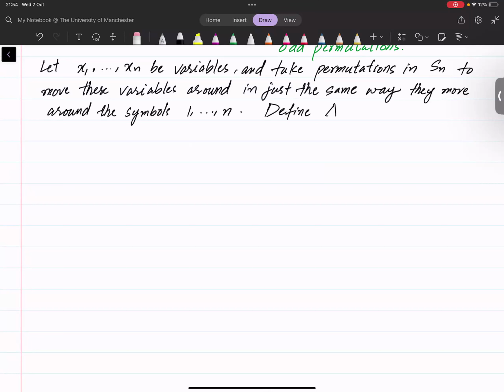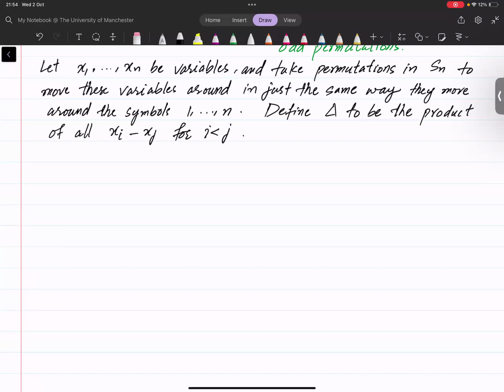Define delta to be the product of all xi minus xj for i less than j.